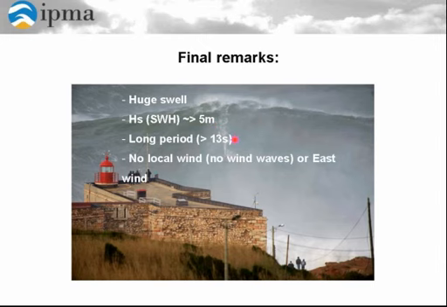You have to have long period waves, not wind waves, at least 13 seconds, and no local wind, or west wind, which means wind from the coast. Well, that's all from me. I hope you have enjoyed.